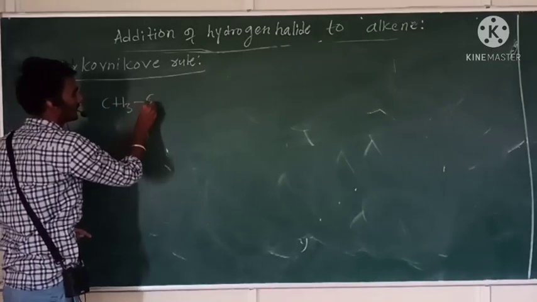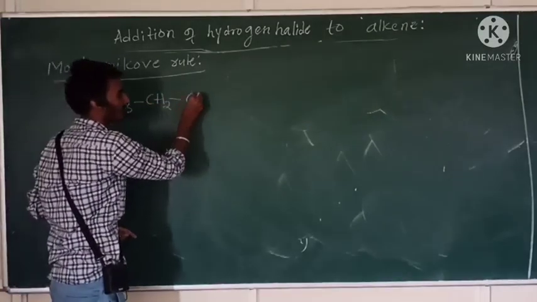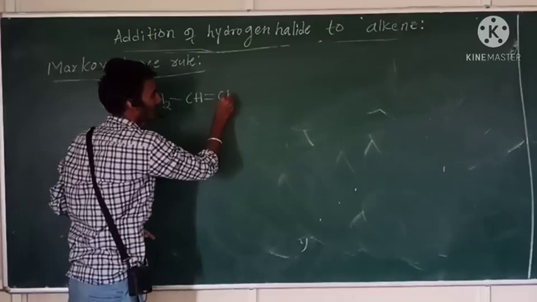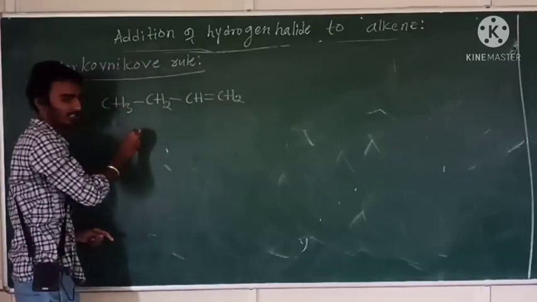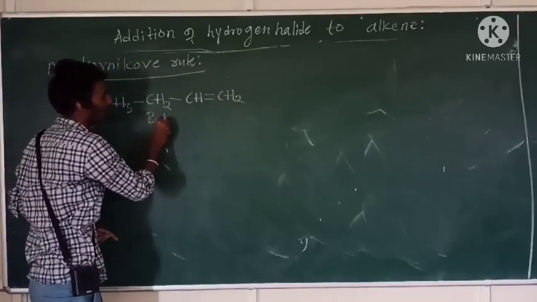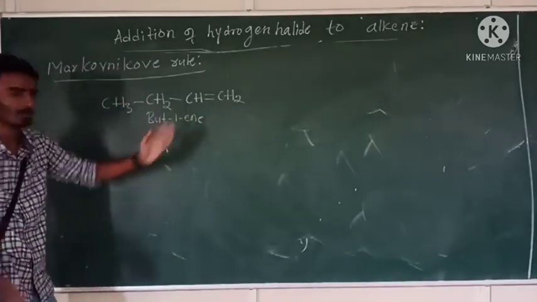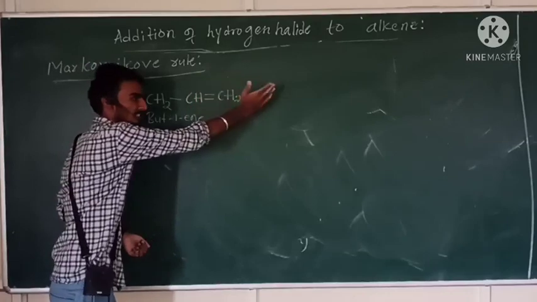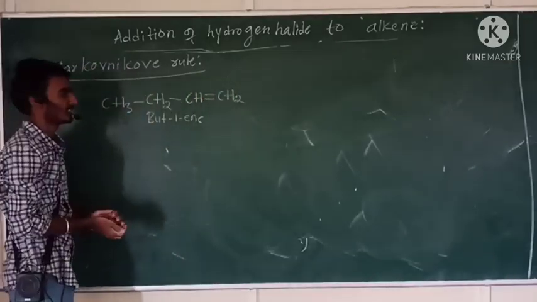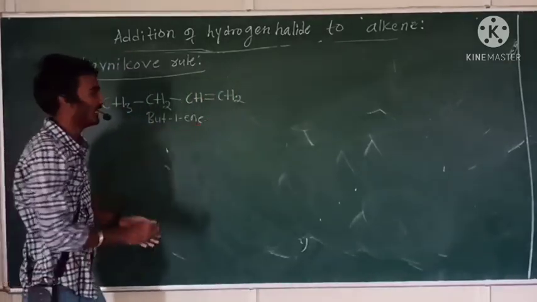CH3 CH2 CH double bond CH2 is 1-butene. It is also an unsymmetrical alkene because this side and this side are different. This is considered an unsymmetrical alkene.